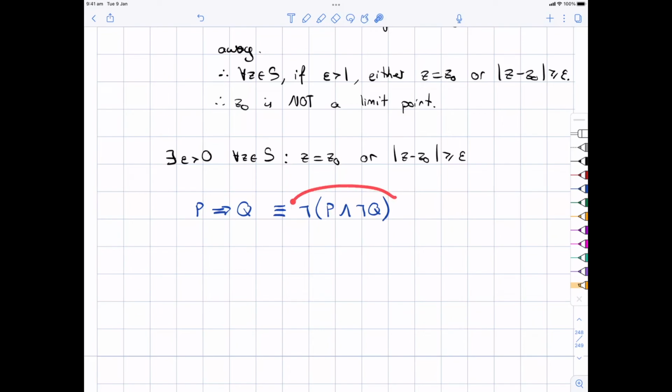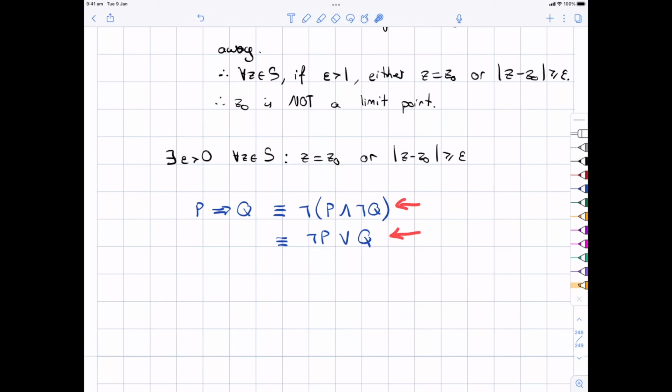But then I can write something logically equivalent to that statement by using De Morgan's laws, right? I distribute the negative through to both of those, and then I flip this and into an or. And so this is logically equivalent to saying not P or Q. Okay, so if I have P implies Q, here are two other statements which are logically equivalent to the implication.